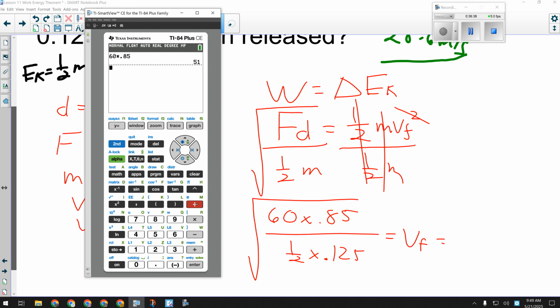Now I'm going to divide that by the bottom. Okay, and then I'm going to square root that, because now I've done all of this, I just need to root it. Okay, so the ball is going to be propelled at 28.6 meters per second.